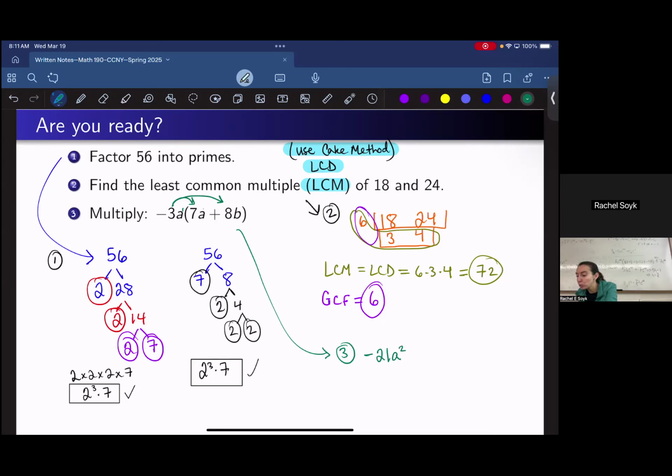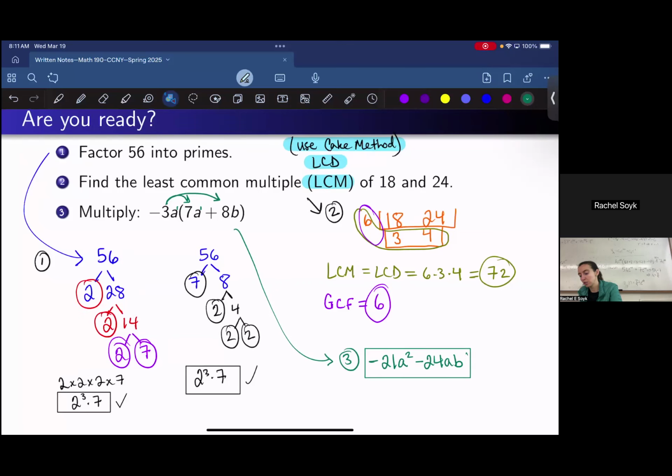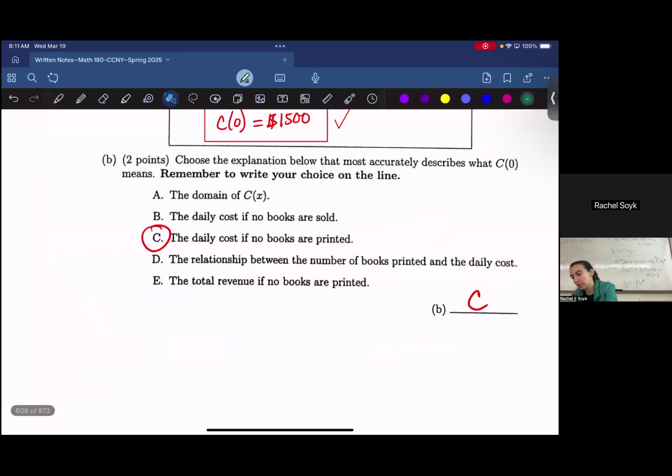Using our rules of exponents, same base, add the exponents, 1 plus 1 is 2. And then negative 3a times 8b gives you a negative 24ab. We're done. So these were sort of, oops, go back.